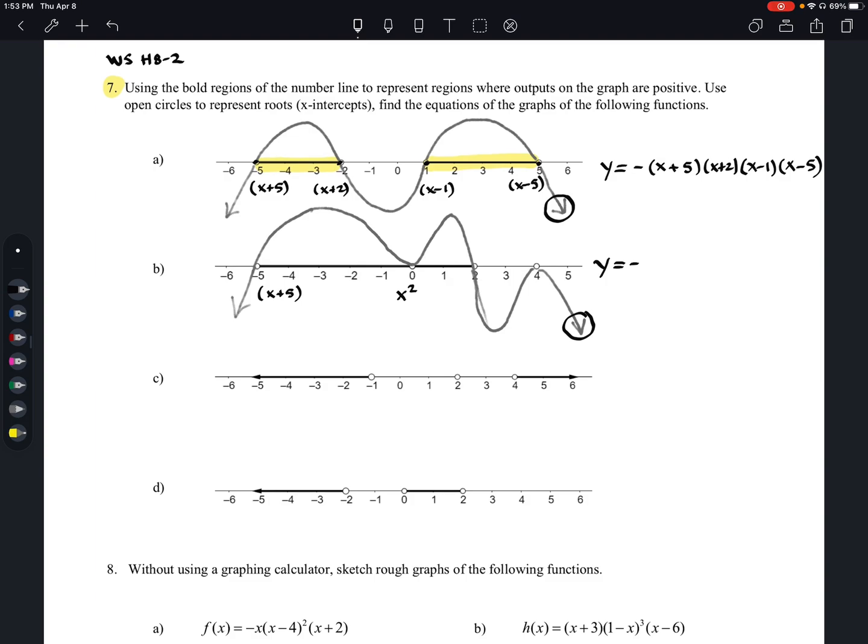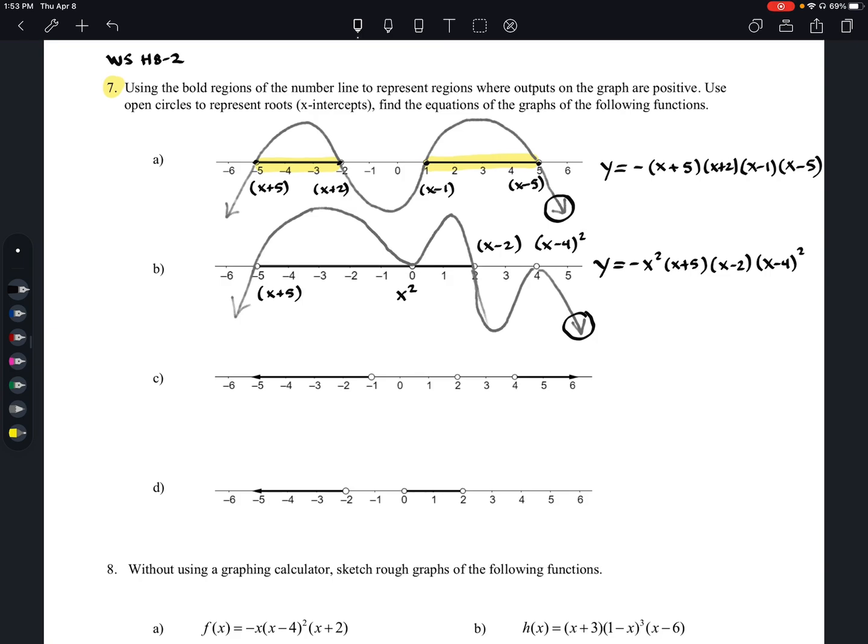We have a single root at 2, so our factor would be x minus 2. And then we have an x minus 4 squared. Okay, we'll put this all together. So we say negative x squared times x plus 5 times x minus 2 times x minus 4 squared.